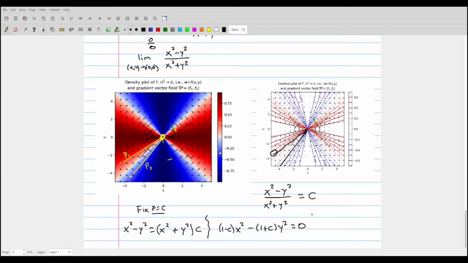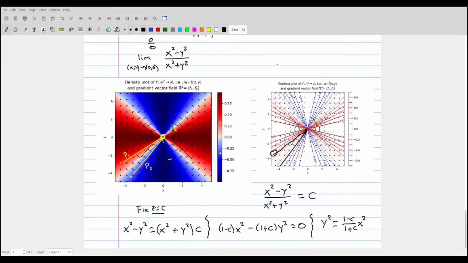And lastly, this is the same thing as y squared is equal to 1 minus c over 1 plus c times x squared.